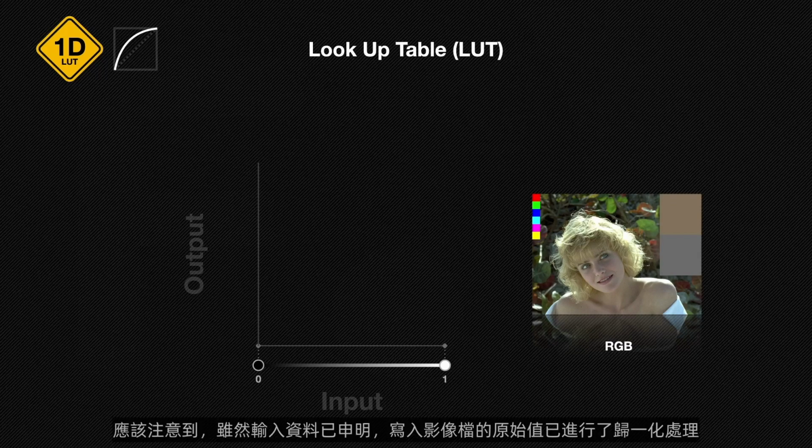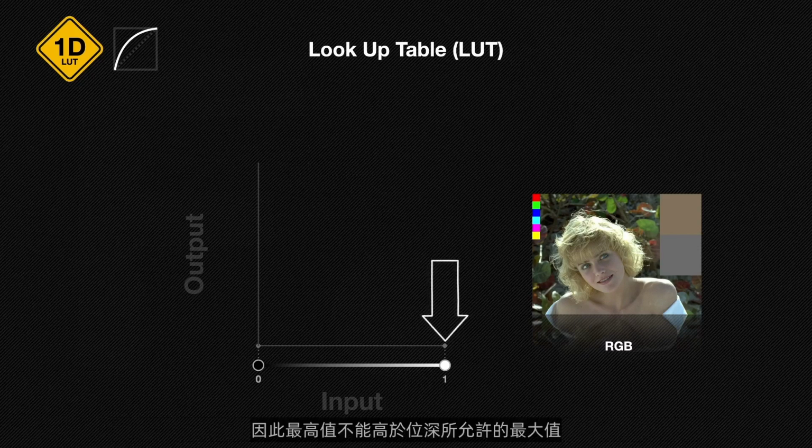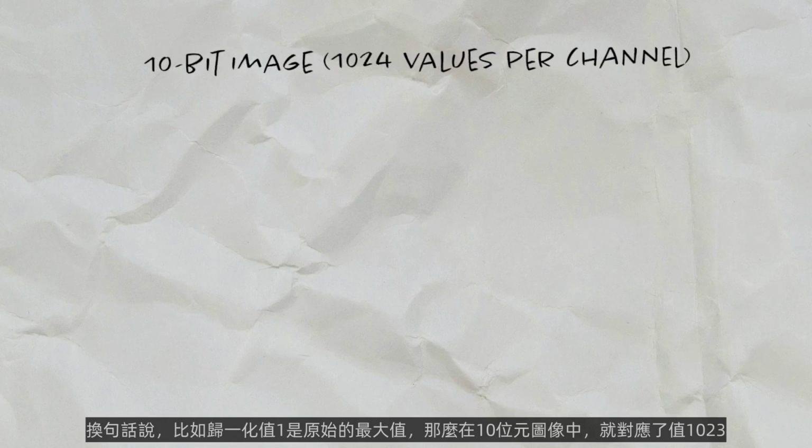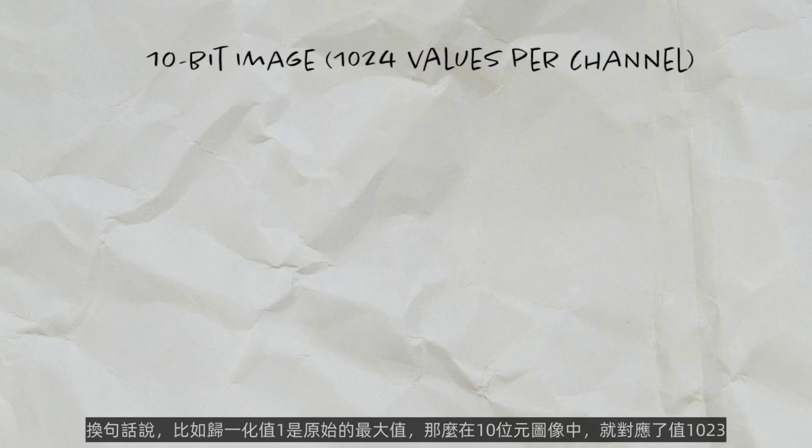Notice that while the input data states the original values written in the image file, normalized, the highest value cannot be higher than the maximum value allowed by the bit depth. In other words, for example, in a 10-bit image, we say normalized value 1 is the original maximum value, corresponding to the 10-bit 1023 value.